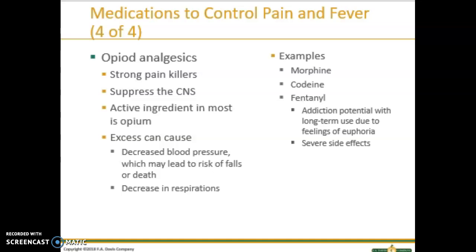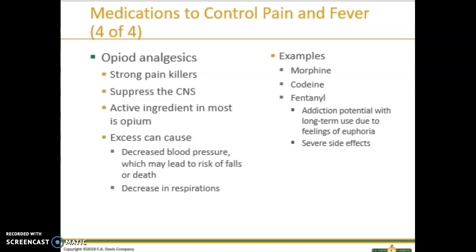Then there's the opioid analgesics. These are strong painkillers. They suppress the central nervous system, and the active ingredient in most of them is opium. That's why they're considered to be opioid analgesics. They can cause decreased blood pressure, which may lead to risk of falls or death if taken in excess.